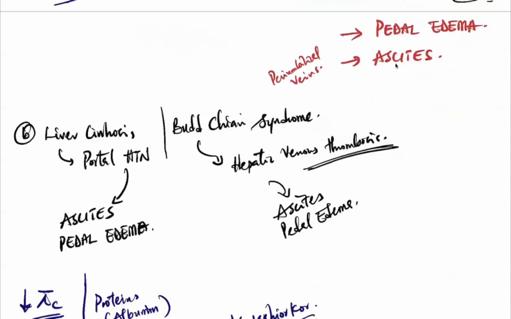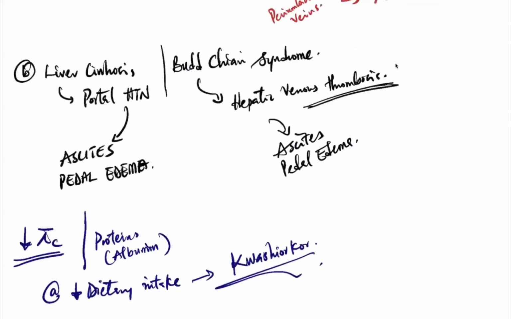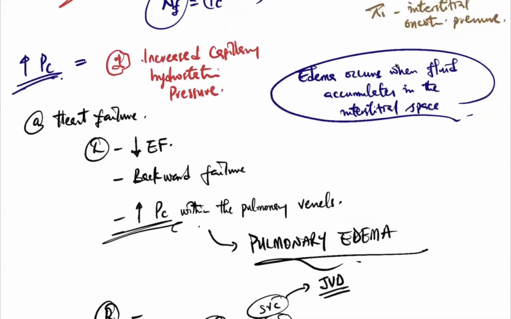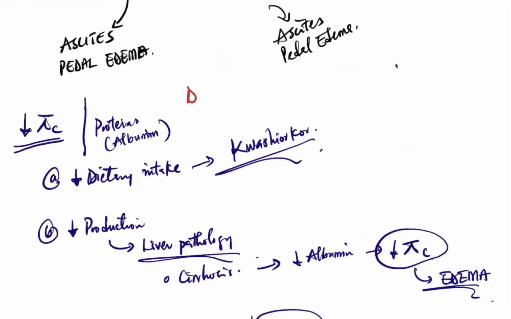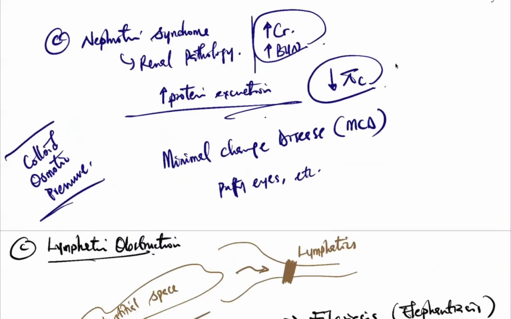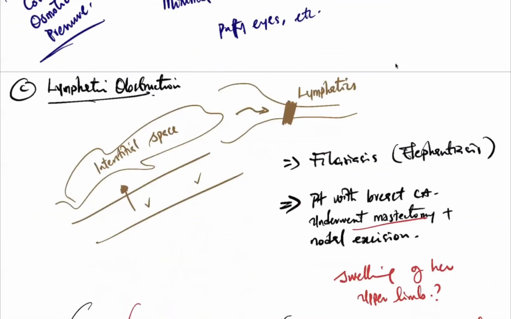The second is decreased capillary oncotic pressure, as in kwashiorkor and so on, and liver cirrhosis, nephrotic syndrome. And the third is lymphatic obstruction.